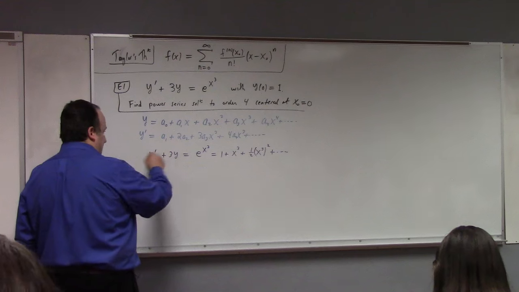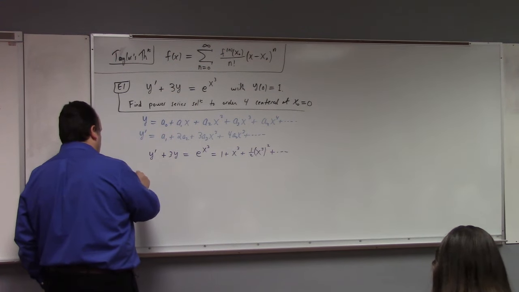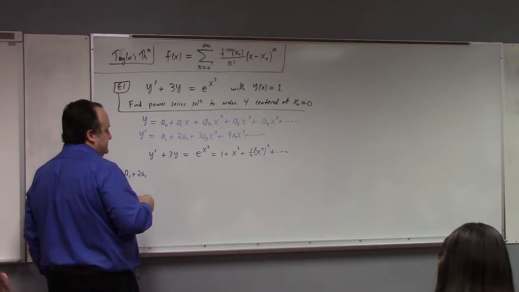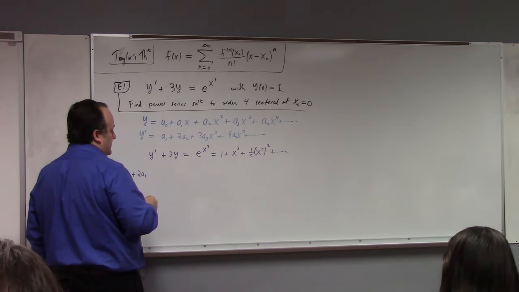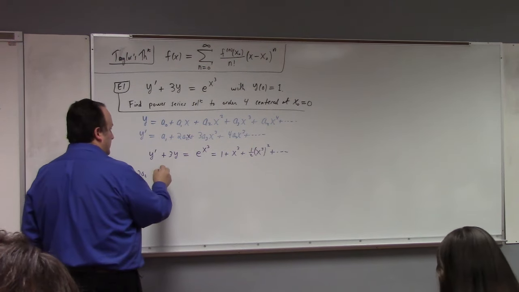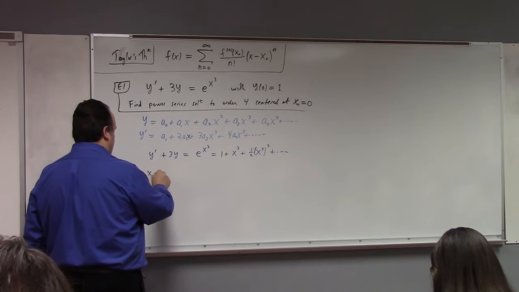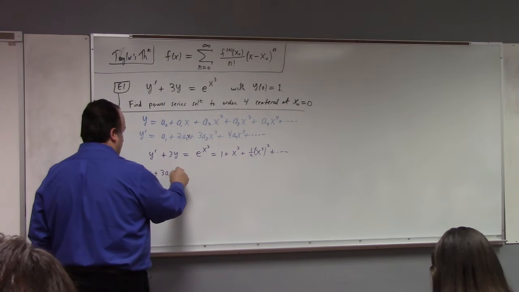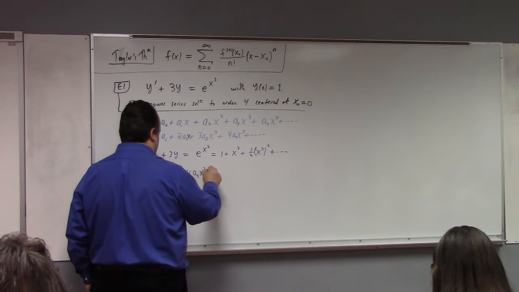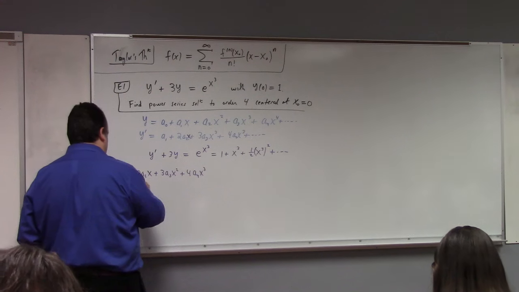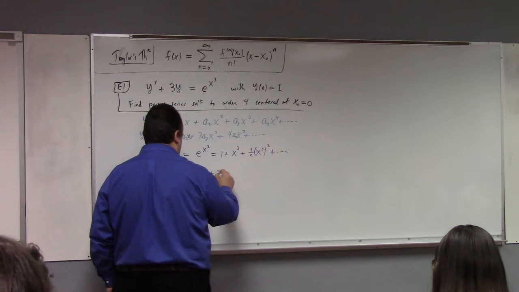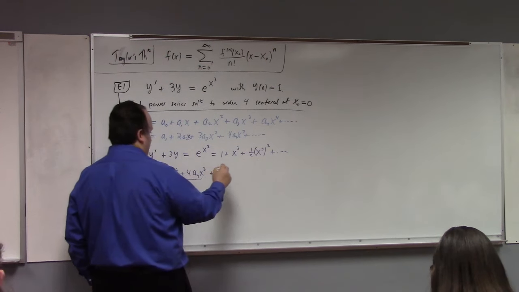Y prime, so let's write down what we got. We've got a1 plus 2a2x plus 3a3x squared plus 4a4x cubed. These are all my y prime terms. And then I've got plus 3 times y.